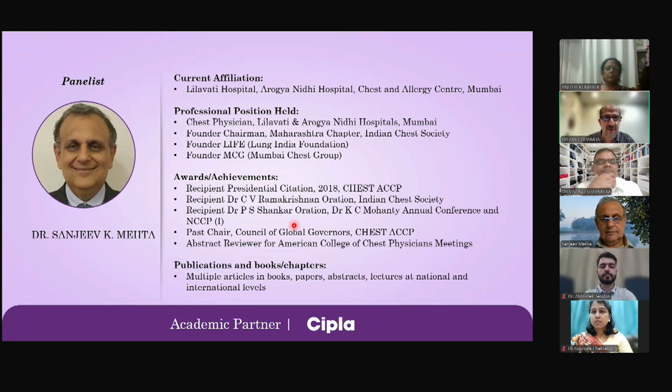Professional positions held: chest physician, Lilavati, Arogyanidhi Hospitals, founder chairman of Maharashtra chapter of ICS, founder of Lung India Foundation, founder of Mumbai Chest Group, recipient of Presidential Citation 2018 Chest in ACCP, recipient of Dr. C.V. Ramakrishnan Oration, Indian Chest Society, P.S. Shankar Oration, Dr. K.C. Mohanty Annual Chest Conference, and NCCP India.